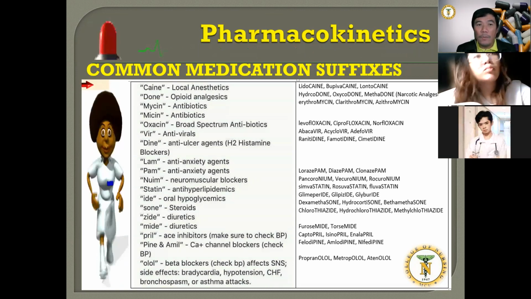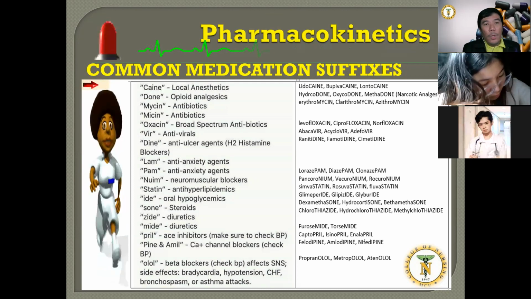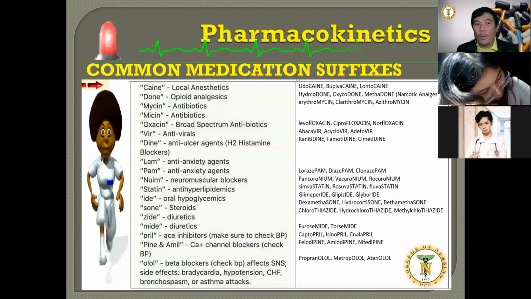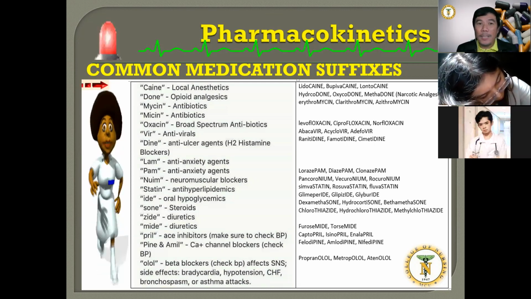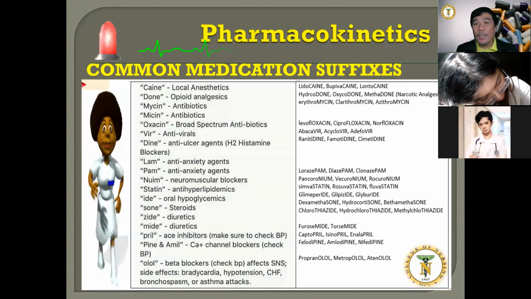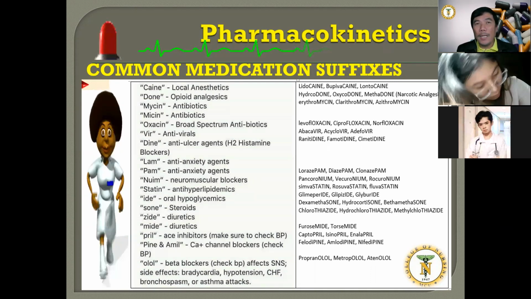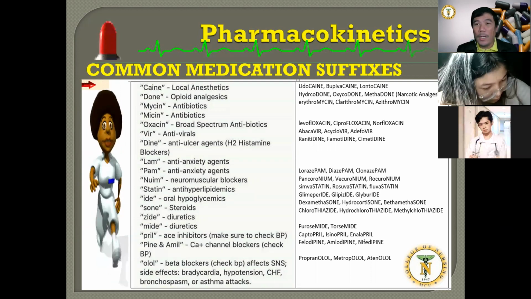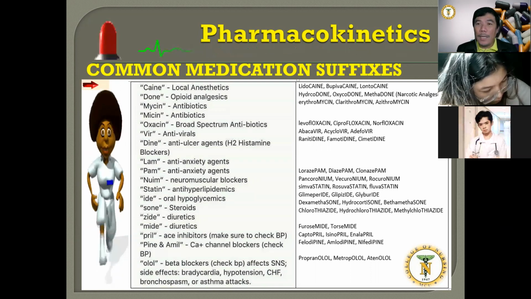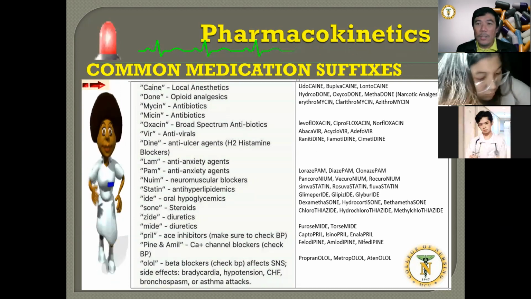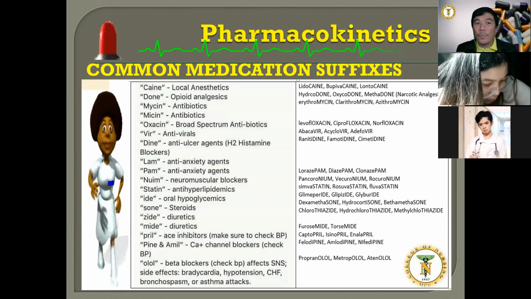But for now, the most common medication suffix that you may encounter is cane, which is classified as local anesthetics. The difference between the local, spinal, and general anesthetics is that for local anesthetics, only specific areas will have the anesthetic effect.